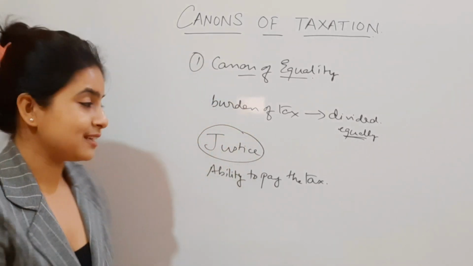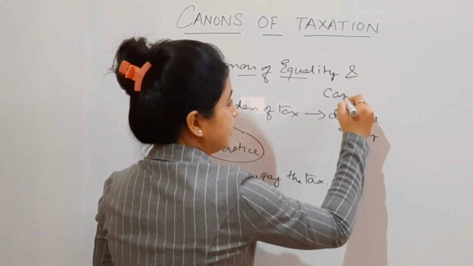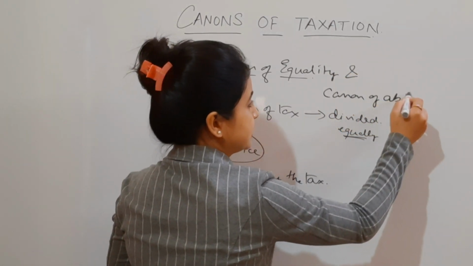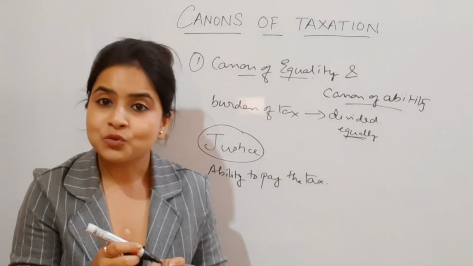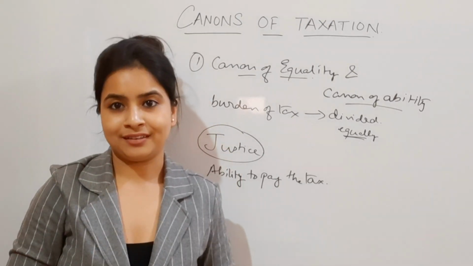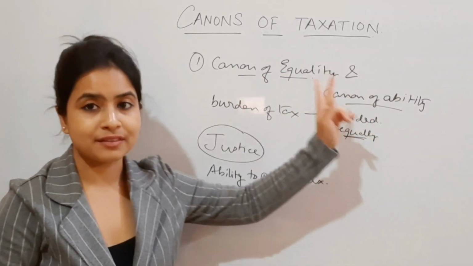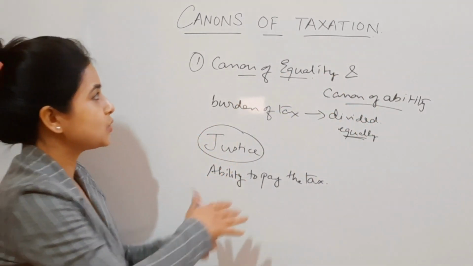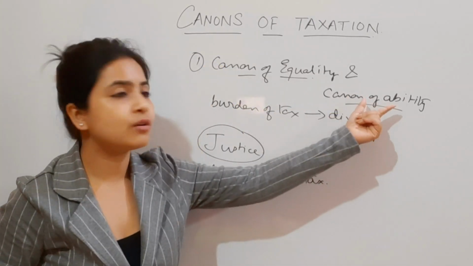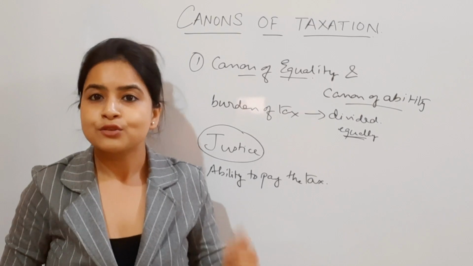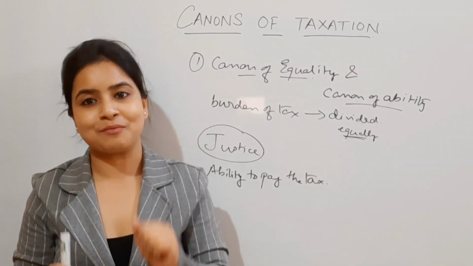So what we can say is that the canon of equality and the canon of ability are nothing but two faces of the same coin. One we are saying in a direct way, and the second is the ability to pay. You just understood, right, that to explain this canon of equality, we had to take the help of the canon of ability also. That is why these two are, very interestingly, two faces of the same coin.